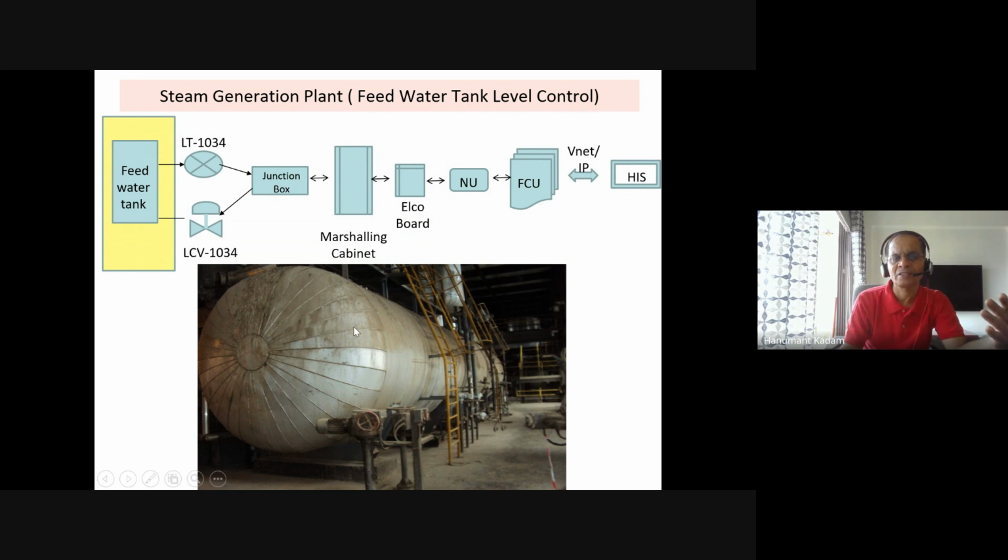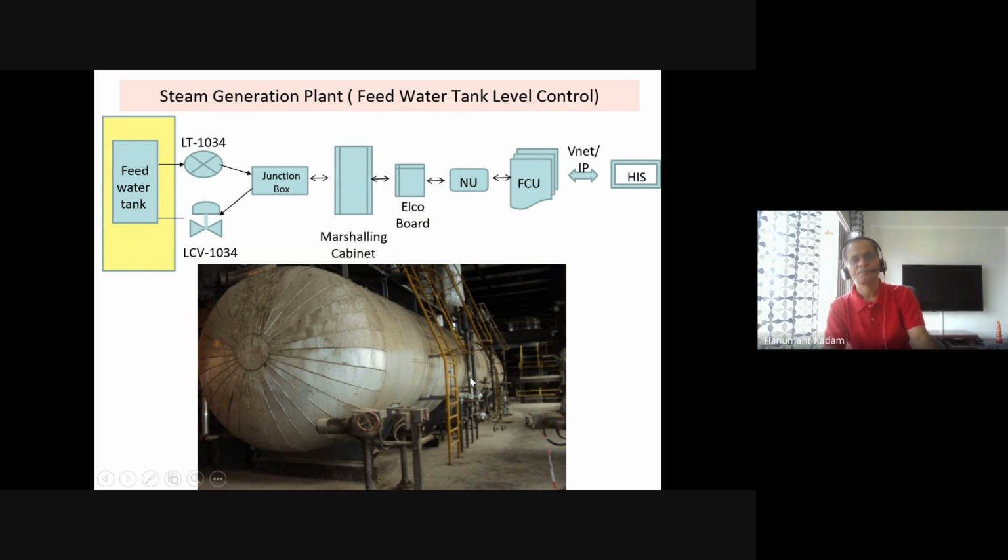On this feed water tank, the level has to be maintained at a 40% minimum. For that purpose, we have LT1034, a transmitter which takes care of the level measurement here.